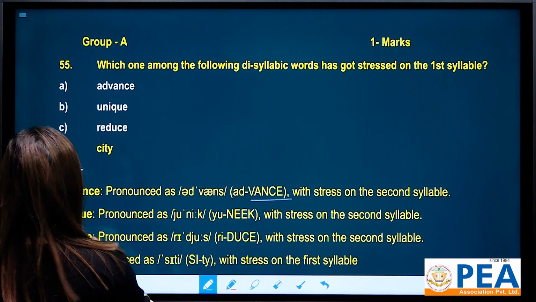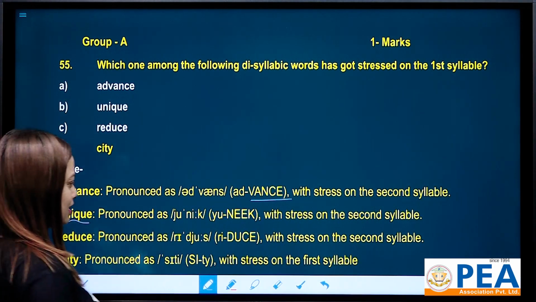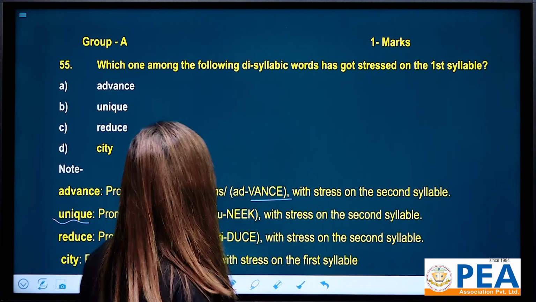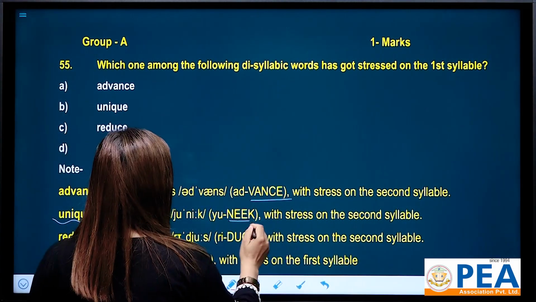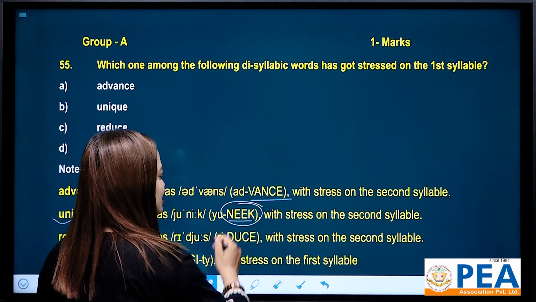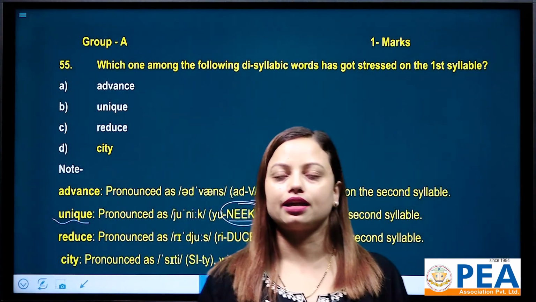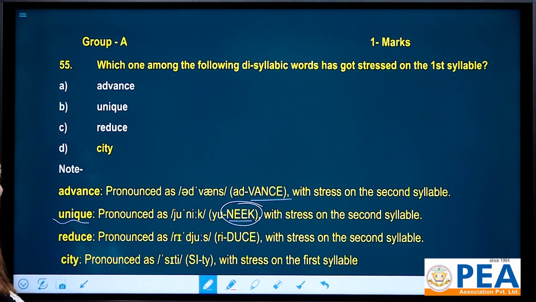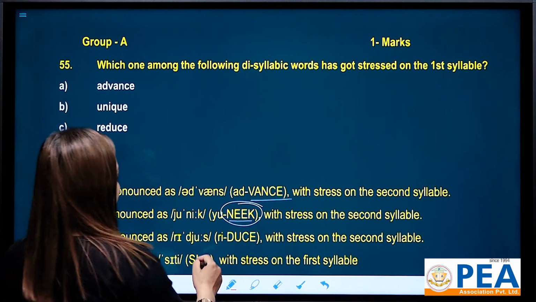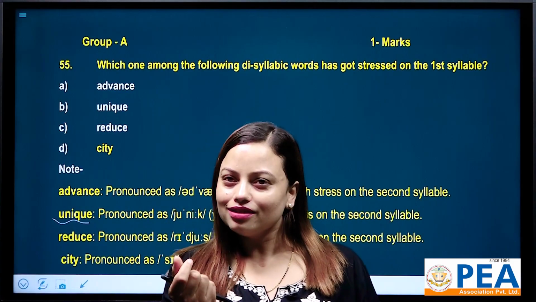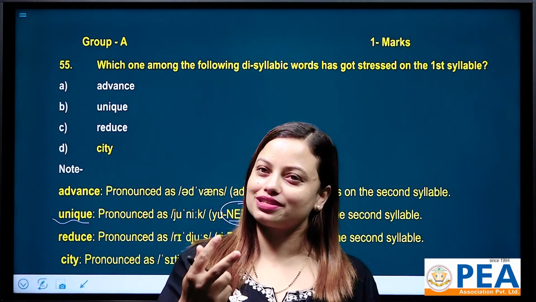Similarly, there is another option that is unique, right? It has also two syllables. First is you, second is neek, and the stress falls on the second syllable, that is neek. That's why we say unique. And the third one is reduce. We pronounce it as reduce because it has also two syllables, re and duce.